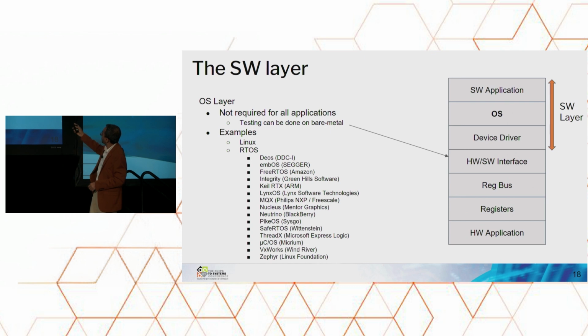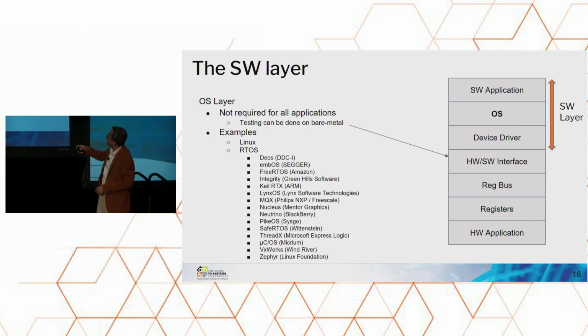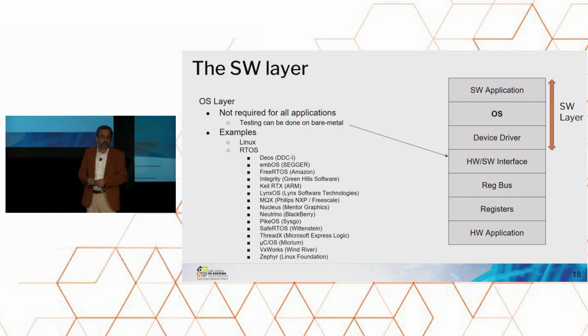And so now, if you look at the software layer, which is the device driver, OS, and application. The OS is not required for all applications. You don't need the OS.